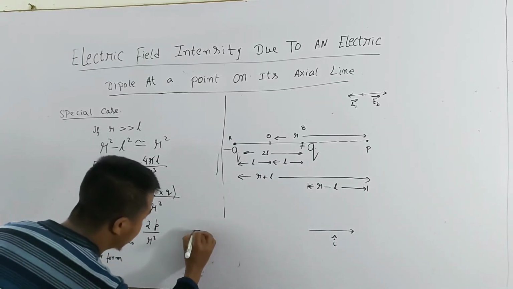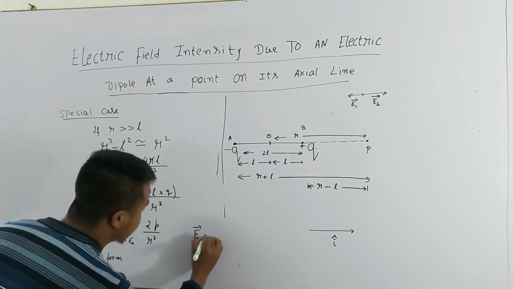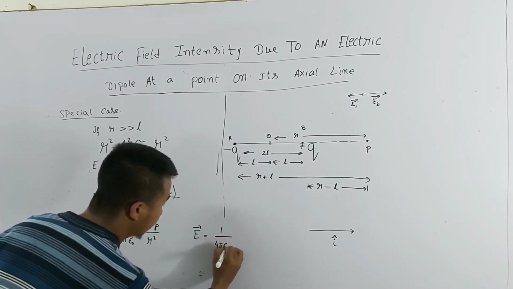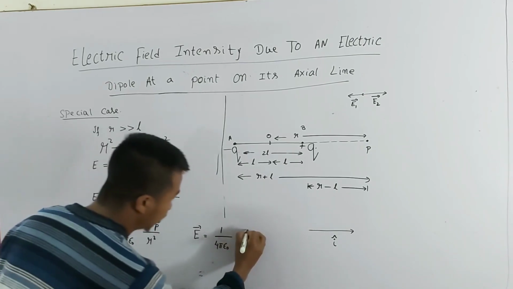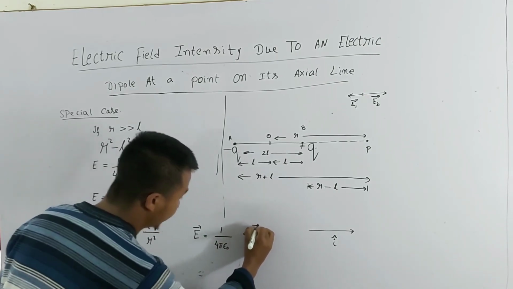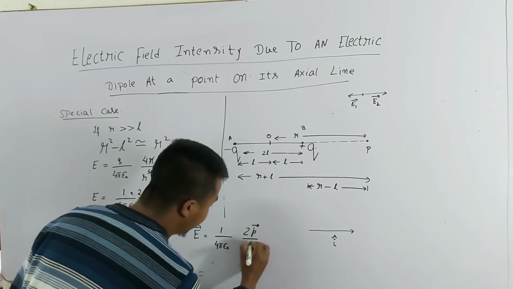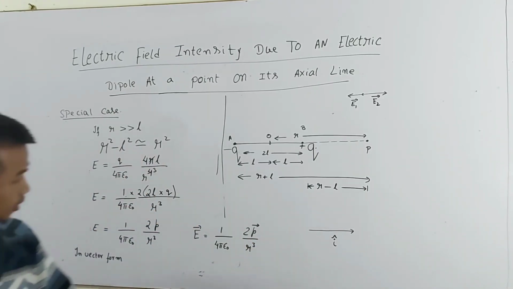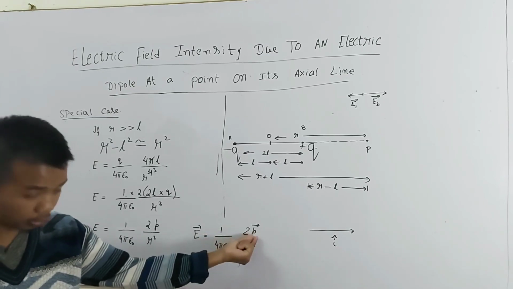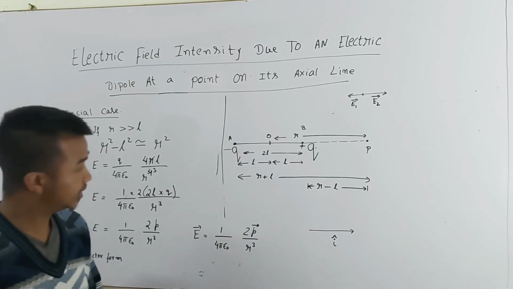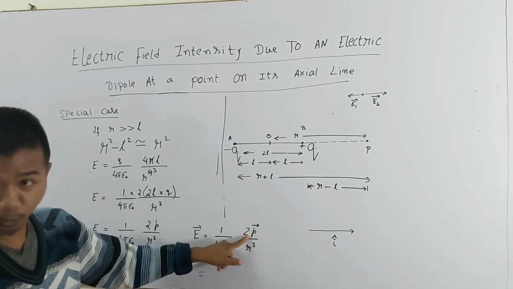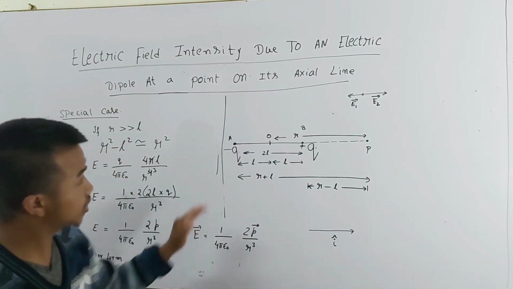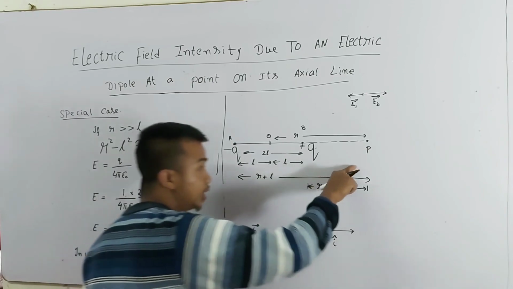So in vector form, E vector is equal to 1 by 4 pi epsilon naught, 2p vector divided by R cube. Why do I write the p vector? Because the direction of this dipole moment is in this direction, and the direction of the net electric field is also in this direction.